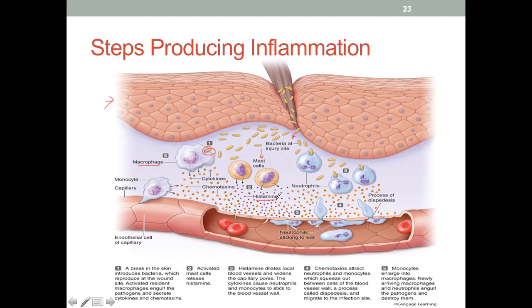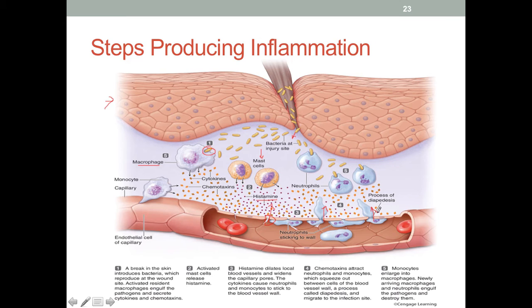Once the histamine is present in the tissue, it will dilate local blood vessels and widen the capillary pores. And this allows larger cells to travel from the bloodstream into the local affected area. And these are the white blood cells that are going to help us fight the invaders.